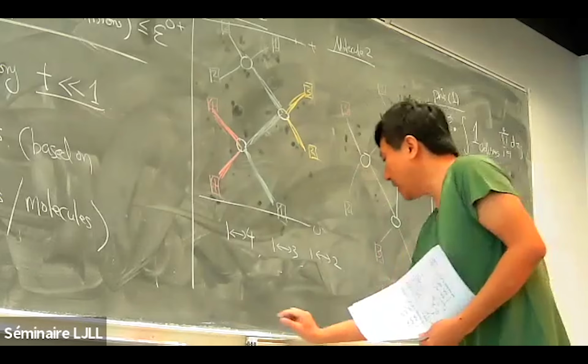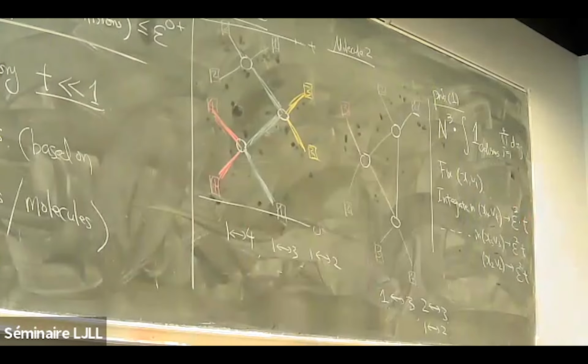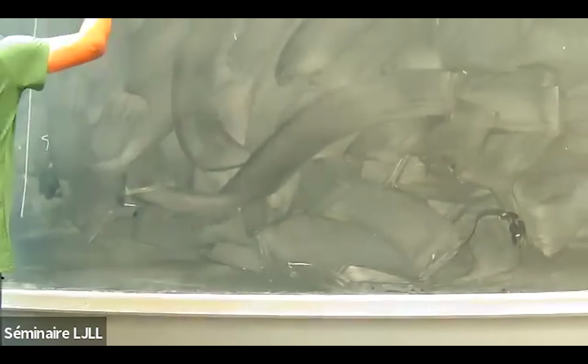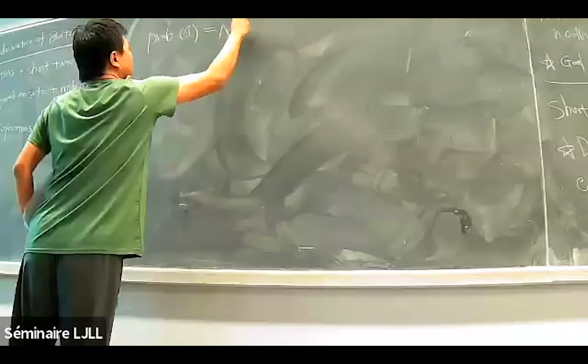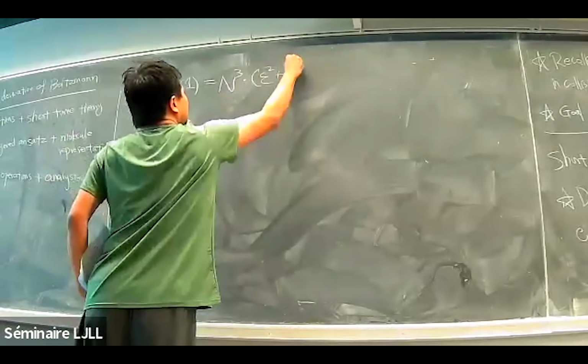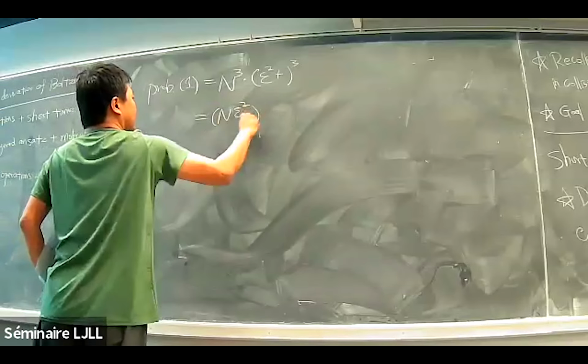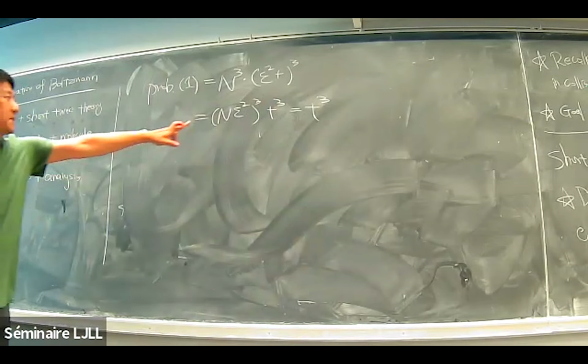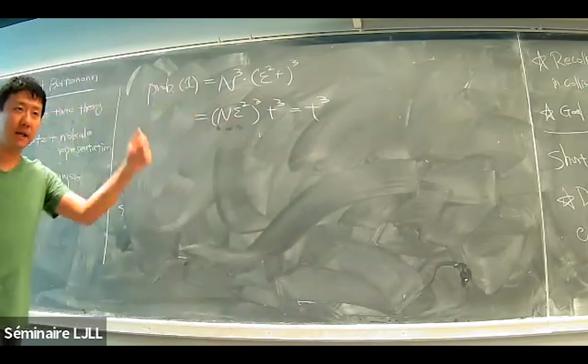Together, we get the probability. You get this t cubed because this factor is equal to 1 by the Boltzmann-Grad scaling.